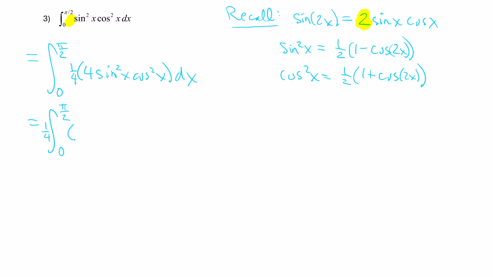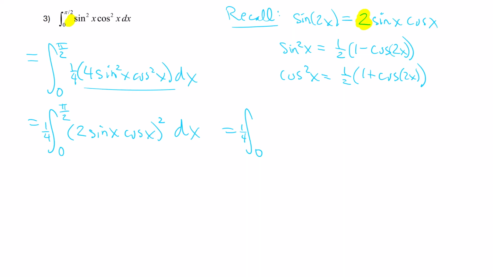I'm going to rewrite that set of parentheses as 2 sine x cosine x, all squared, which would be algebraically equivalent, right? You'd be squaring the 2 to get the 4, squaring the sine to get the sine squared, squaring the cosine to get the cosine squared. What that does is create a situation where you now have the double angle identity in place.